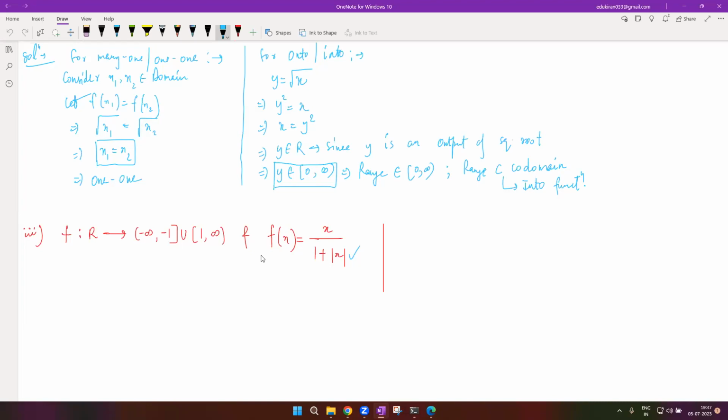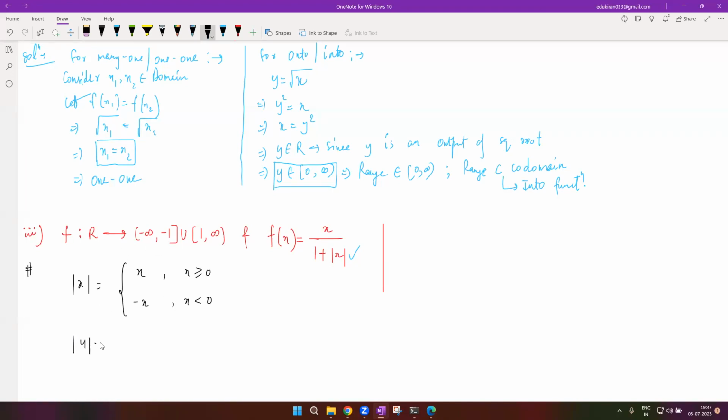So let's come to that part again. Mod x can be defined as x or minus x, depending on whether x is positive or negative. So this is basically the functioning of mod x.